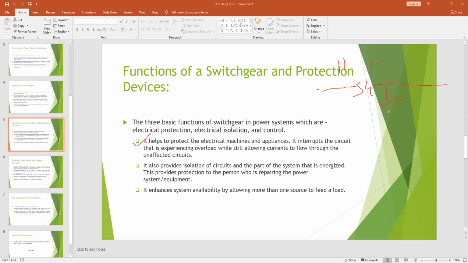You have a bus over here, and some buses are here. Now, for some reason, a fault has occurred at this bus. Whenever a fault occurs at this bus, this whole portion should be isolated from the main power supply. Are you getting my point, guys? Yes, sir. Okay.